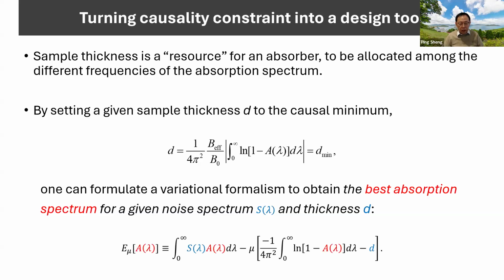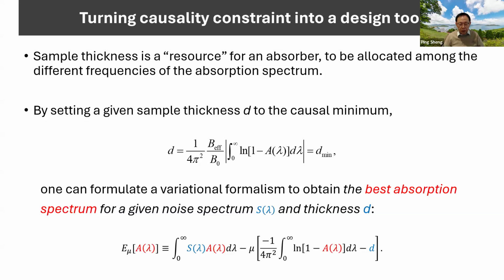And here is the variational functional. Mu here is the Lagrange multiplier. And A of lambda is denoted in red to mean that's the desired quantity. The first term on the right is the absorption, the total absorption.